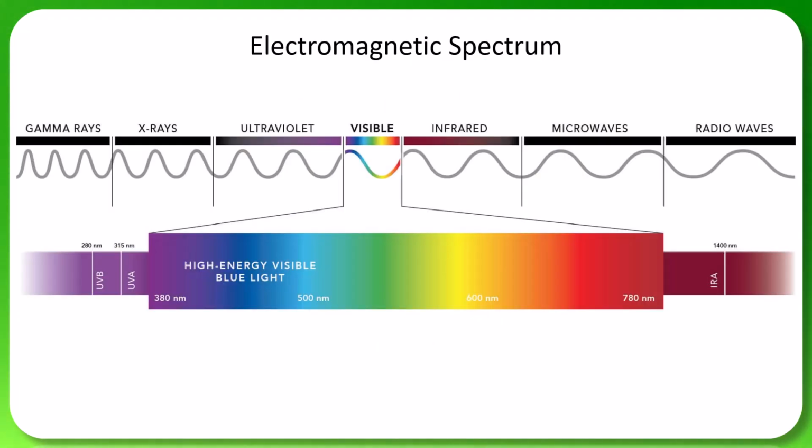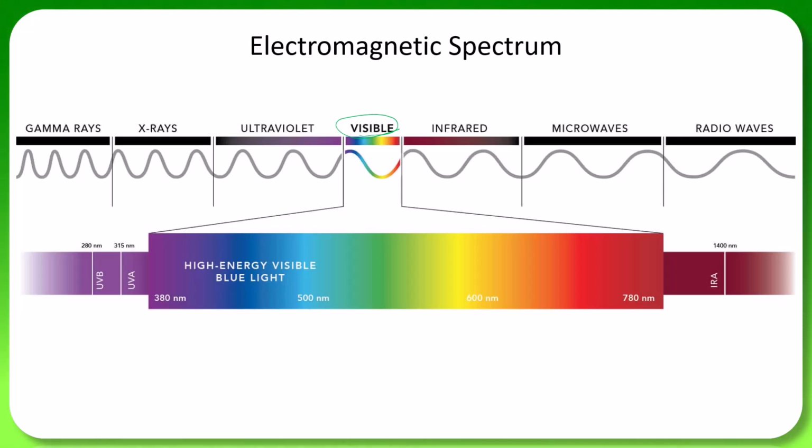Plants use the visible part of the entire electromagnetic spectrum. So when you think about the electromagnetic spectrum, we know that visible light, Roy G. Biv, red all the way to violet, is part of a much larger electromagnetic spectrum, much of which we don't actually see. We only see a very small wavelength band of the entire electromagnetic spectrum.